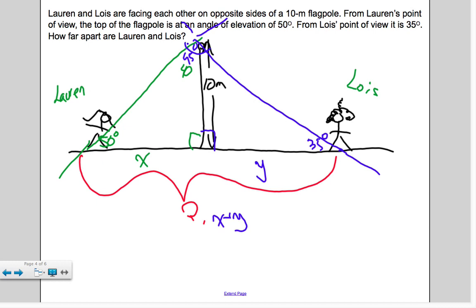Do you see that we have a right angle triangle right here? We have another one over here. So basically we're working with two right angle triangles, and the sum of these two lengths, the distance from the flagpole to Lauren plus the distance from the flagpole to Lois, gives us the distance from Lauren to Lois.